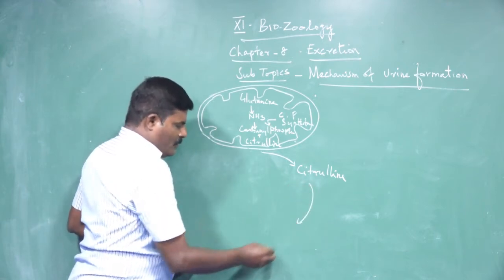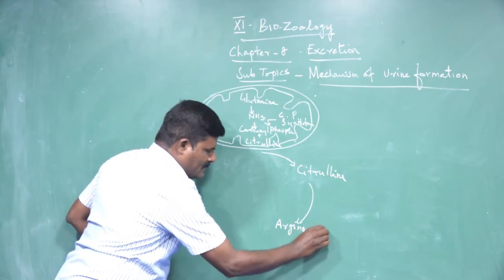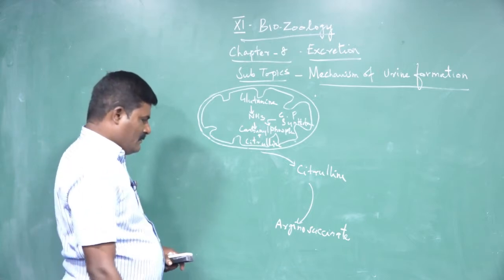Citrulline is converted into arginosuccinate, or arginosuccinic acid.